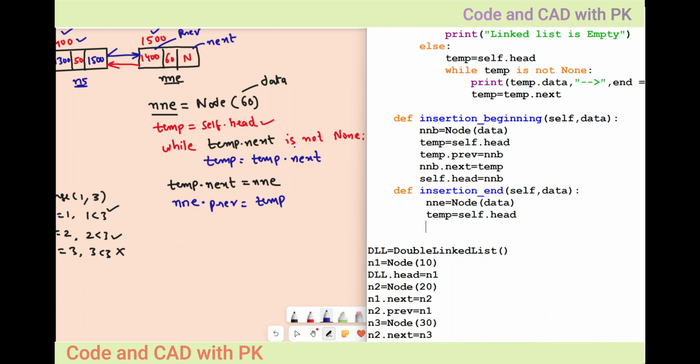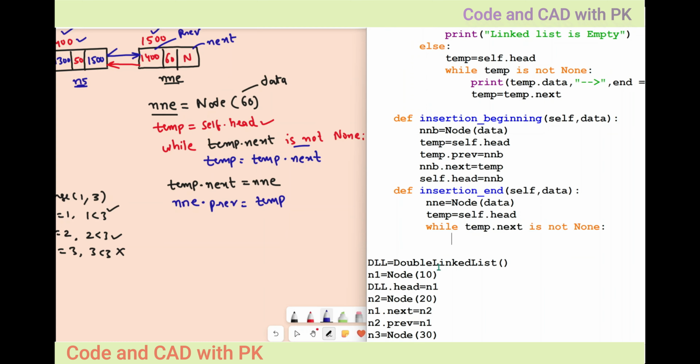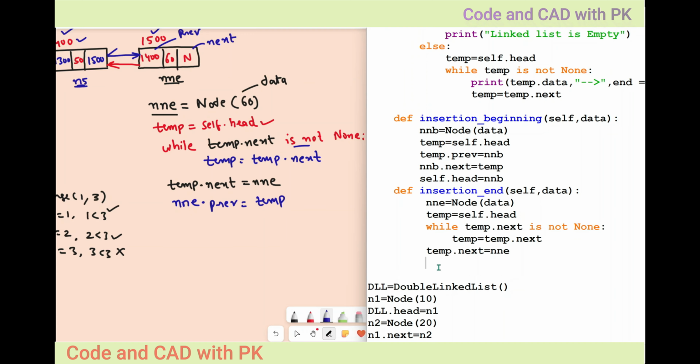Here, while temp dot next is not none, go to temp is equal to temp dot next every time. If it is false, exit from the loop. Temp dot next is equal to new node at end. New node at end previous is equal to temp.